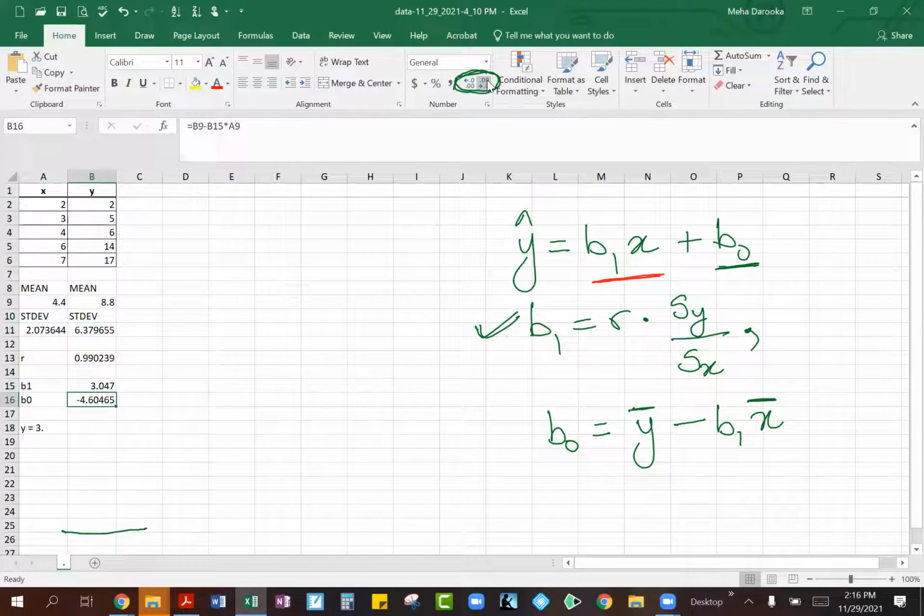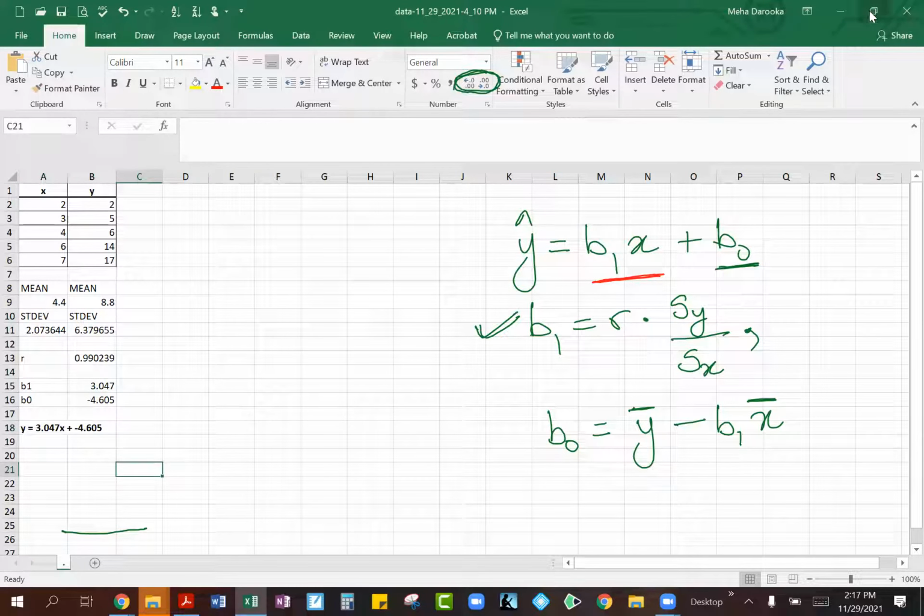Same thing with the B0 value. I want to decrease my decimal to 3 decimal places. So my equation will now become 3.047. And remember, this is the one where you multiplied with X, plus the B0, which is negative 4.605. So this is what our new equation will now end up looking like.